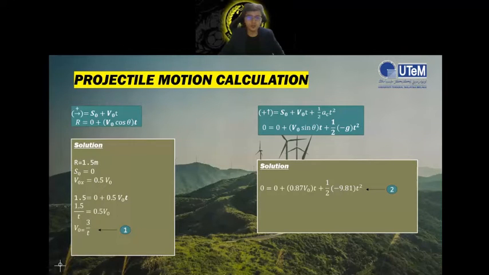From that we get the second equation, which is 0 equals 0 plus 0.87 V0 times T plus 1 over 2 multiplied by negative 9.81 multiplied by T to the power of 2. Next.